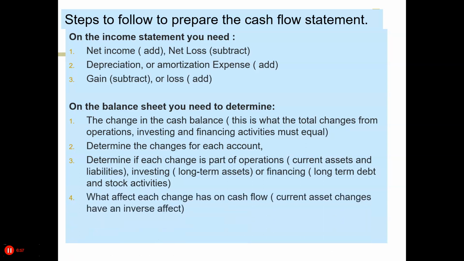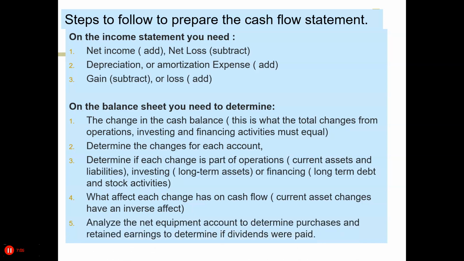Then you're going to determine what effect each change has on the cash flow. Remember, current assets have an inverse relationship. Analyze the net equipment account to determine cash purchases or sales and retained earnings to determine if any dividends were paid. Now, if you follow this, you should be able to easily do a cash flow statement.